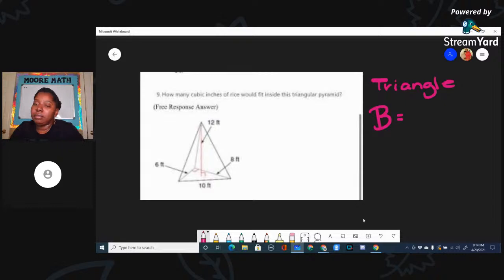What's the formula, I mean? Base times height divided by 2. Good. Okay. And we are finding volume of a triangular pyramid. Oh, I forgot to ask you, what's the difference between a pyramid and a prism?